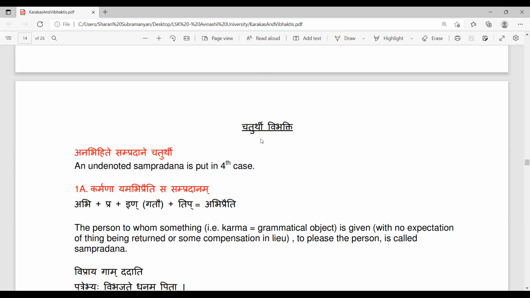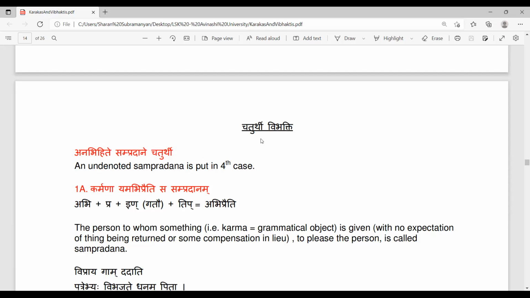That is the sutra. Karmana Yam Abhipraiti, that is Sampradanam. Samprasaranam is different; it's a technical term. Karmana Yam Abhipraiti Saha Sampradanam.